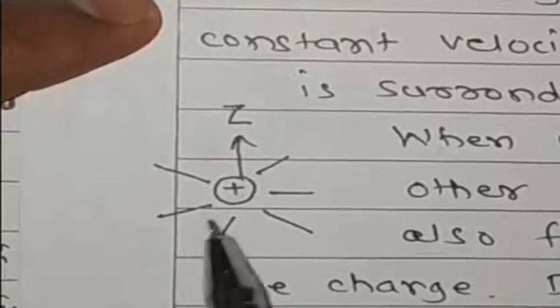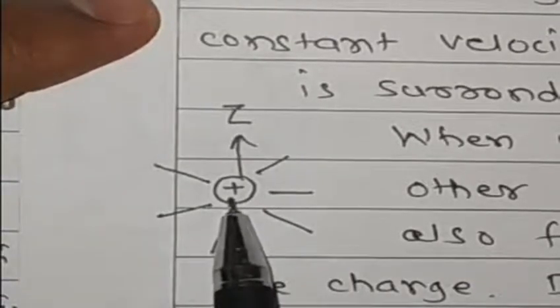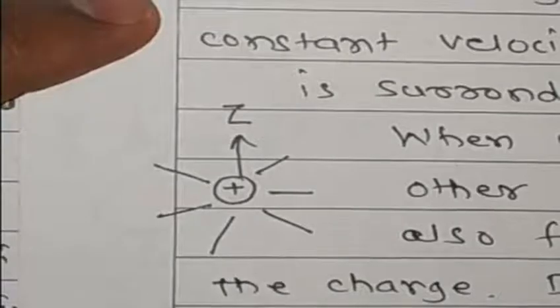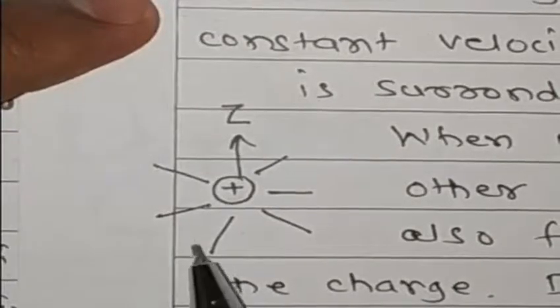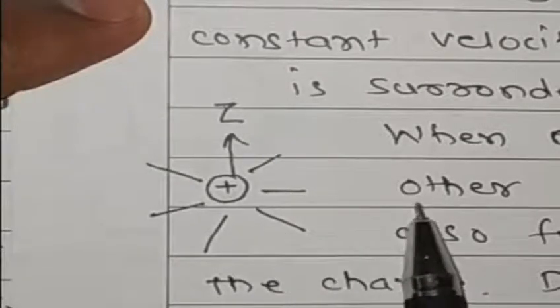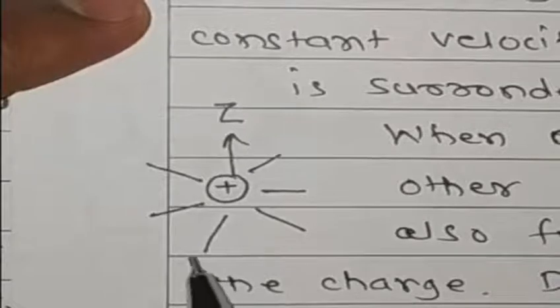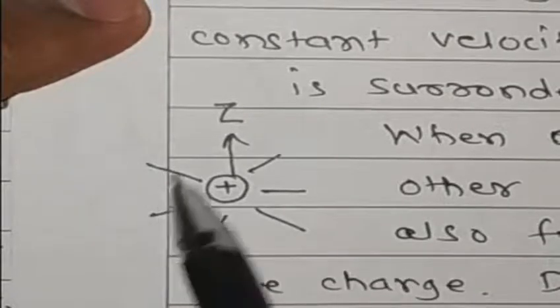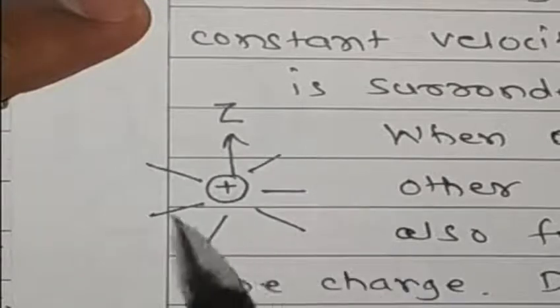Because the charge particle is moving with higher velocity and the field lines are moving with a lower velocity, due to the difference between these velocities, the charge moves from one point to the other early, and the field lines follow it, and they form a structure very similar to that shown in this figure.